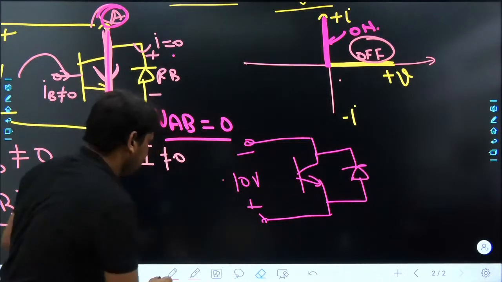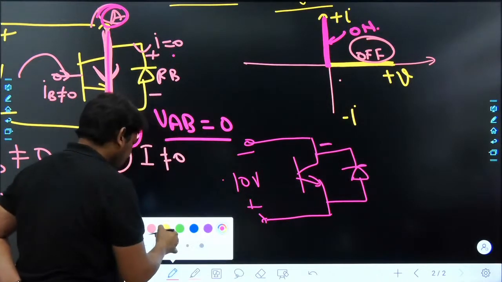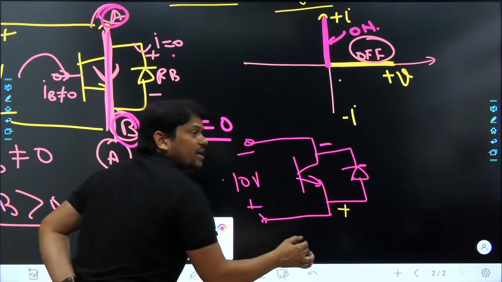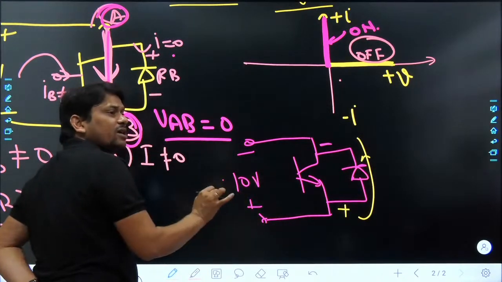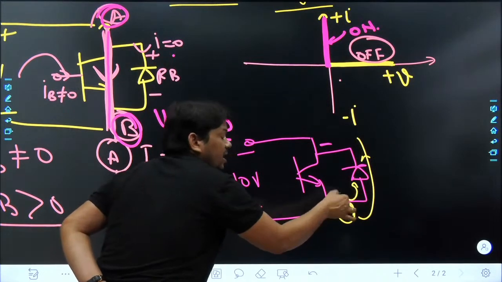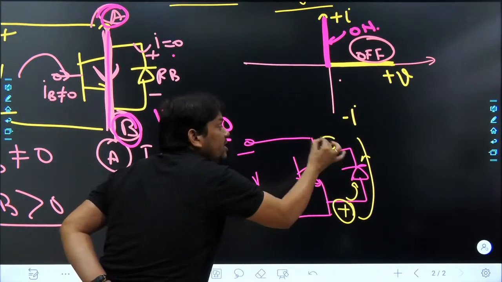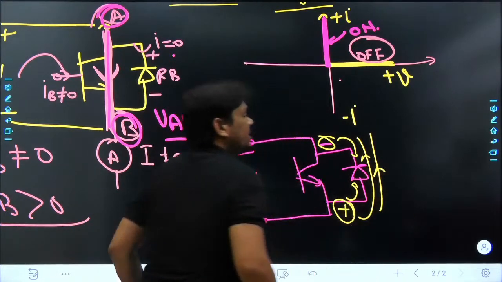Then what will happen? Here this negative voltage will reach here and this positive voltage will reach here. We know that the diode is an uncontrolled device. So definitely positive voltage is at the anode, negative voltage is at the cathode, so definitely the diode will get turned on.